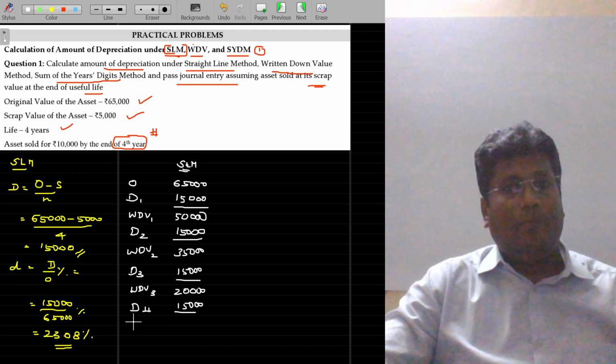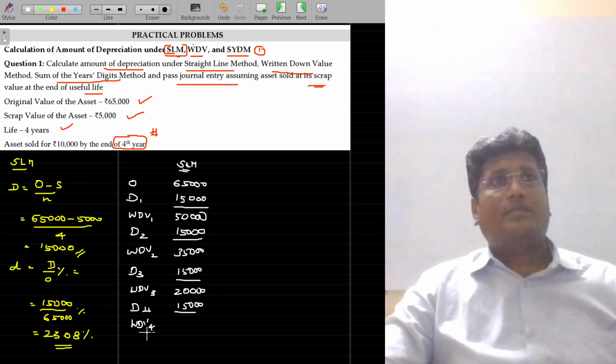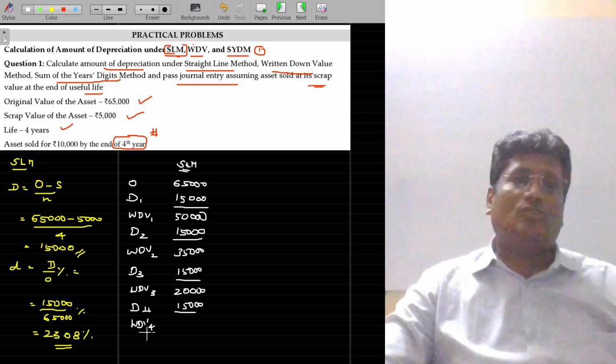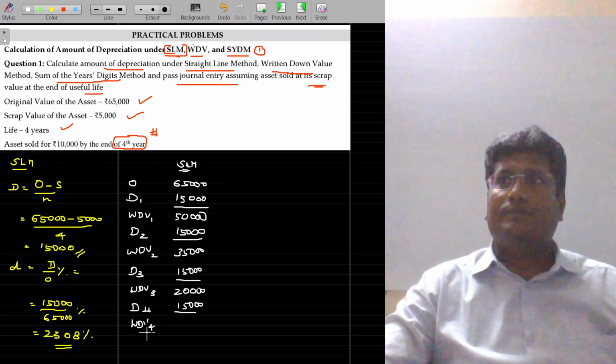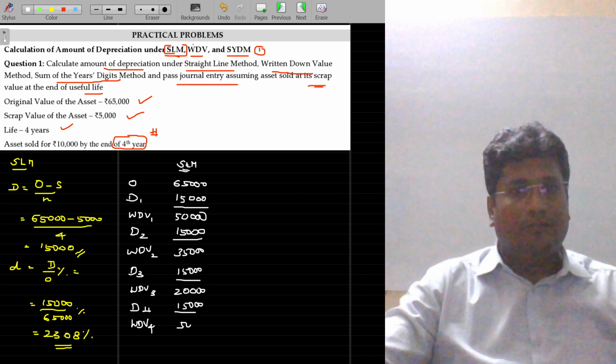The balance value will be WDV by the end of fourth year. The WDV value may otherwise be called book value, because the value at which it is going to be recorded is called book value. Usually the asset will appear in the balance sheet at this value. So you don't get confused with the terms book value and WDV, both are same, 5,000 rupees.